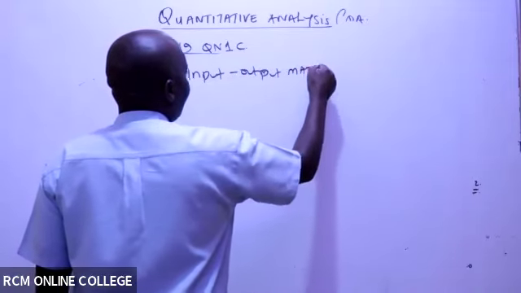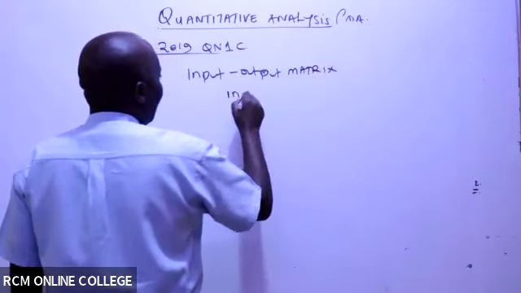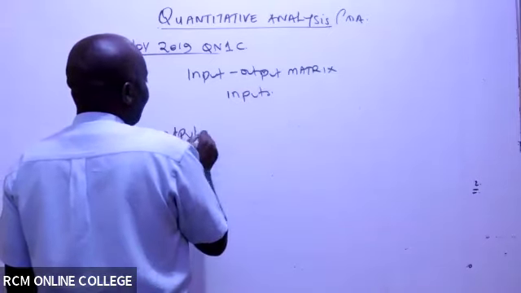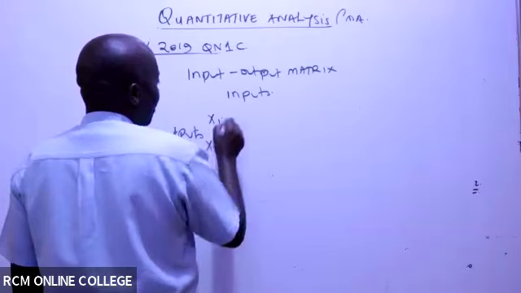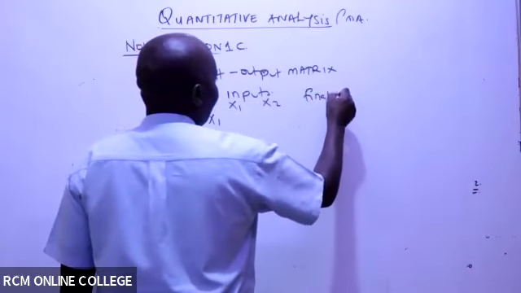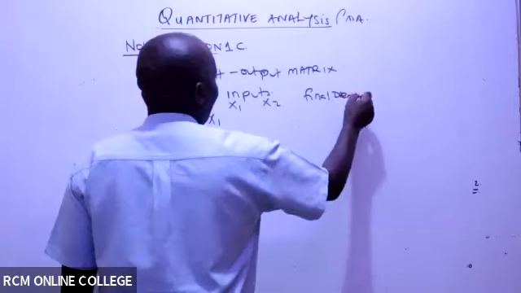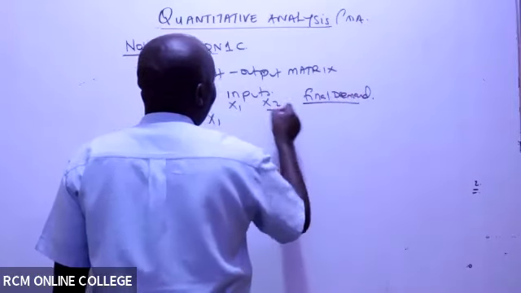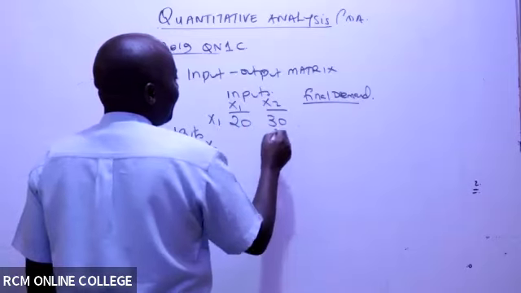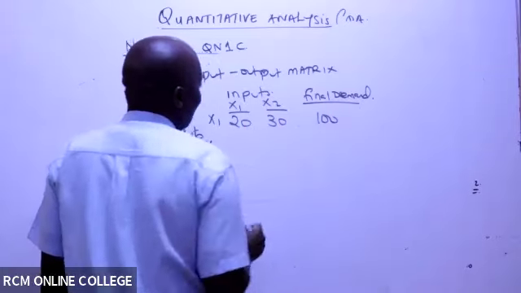So you'll be given here inputs. This is another exercise. You'll be given here outputs. So this is x1, this is x2. This is x1, this is x2. Then they'll come and give you final demand. This is 20, 30. Final demand is, for example, 100.